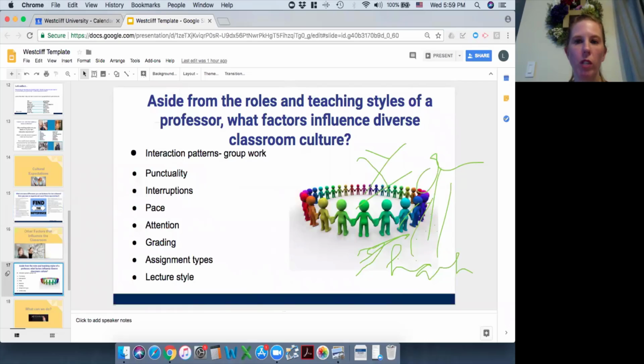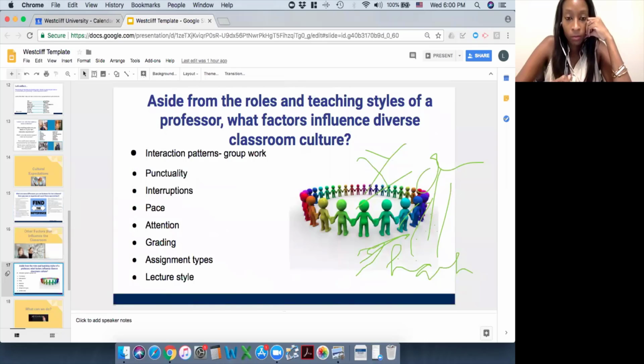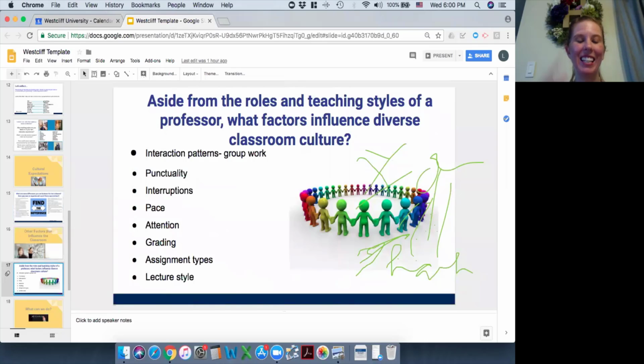Moving on to other factors that influence the classroom. Aside from those roles and teaching styles, we have other factors that influence a diverse classroom. So like how you work together, how students, do they like working with one another? Do they like group work? Would they rather just work on their own pace with their own worksheet? The concept of punctuality. We start at 5 o'clock.